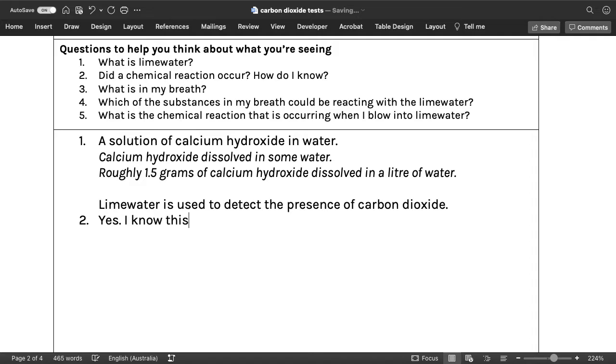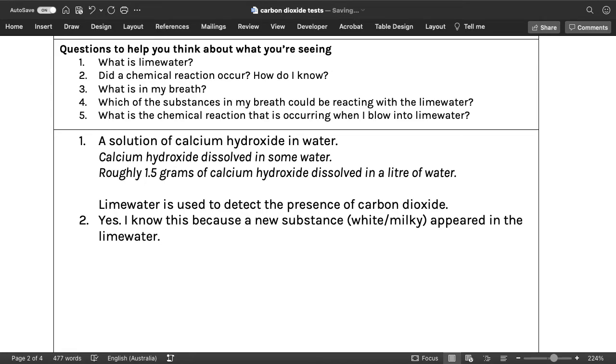Or I could write this: I know this because a new substance, which was the white milky substance, appeared in the lime water. So the key there is that a new substance appeared. That's how you know a chemical reaction occurred. Okay?